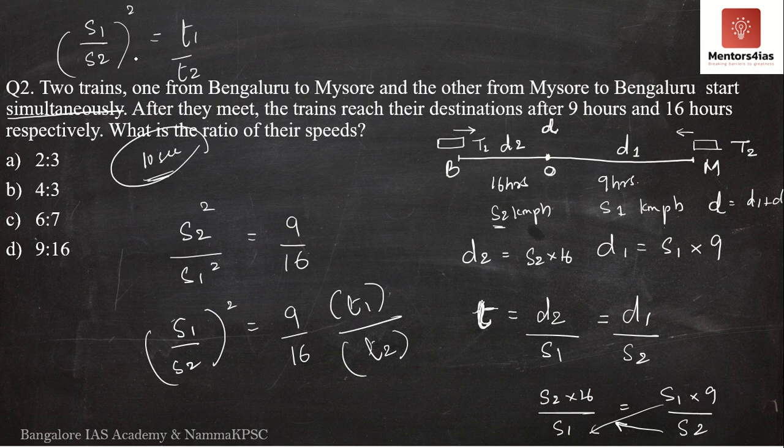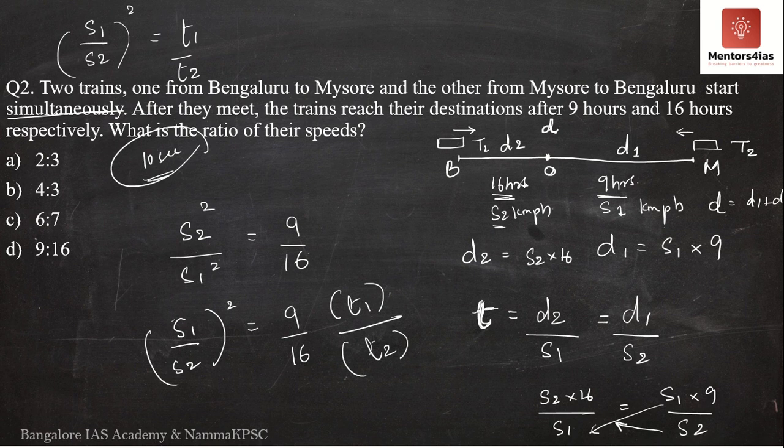This particular formula is only applicable for this type of question, where the question says that both the trains, they could be trains, cars, persons, whatever it is, start from their point of origin at the same time. They meet somewhere in between, and the time given is the time taken to cover the rest of the distance by the two entities.